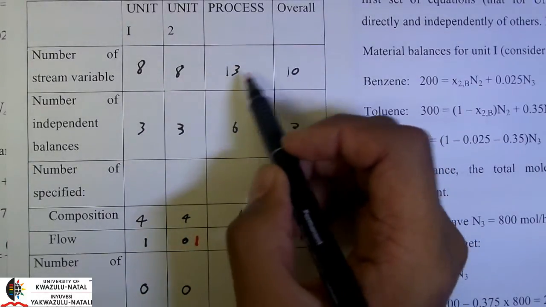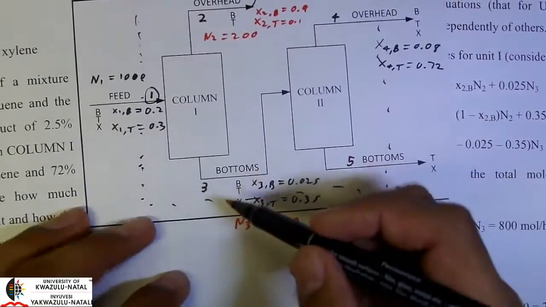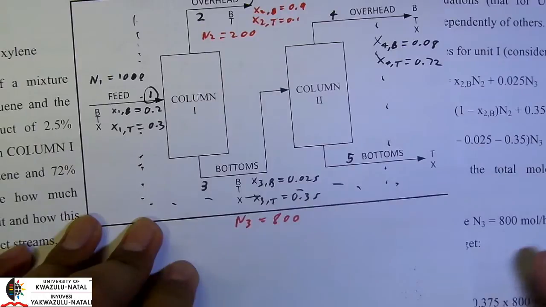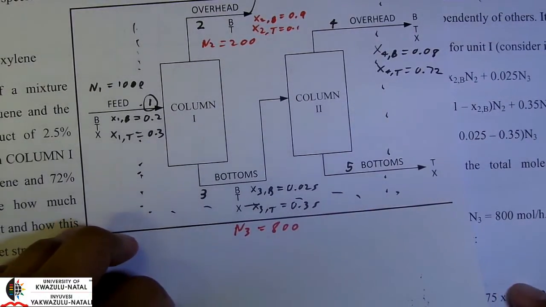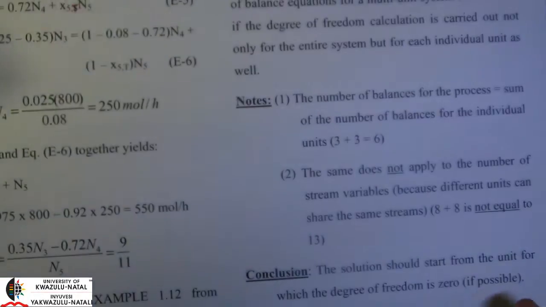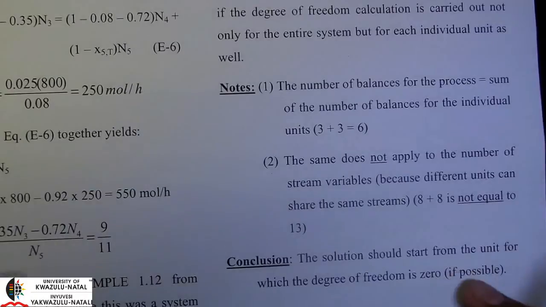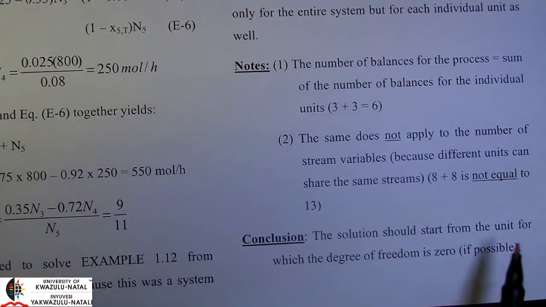Whereas if we simply count the independent variables for the process, we will only count this internal stream once, or this common stream once. Okay, so to conclude, the solution will always start from the unit for which the degree of freedom is 0.